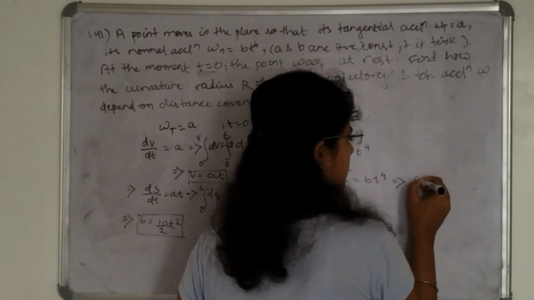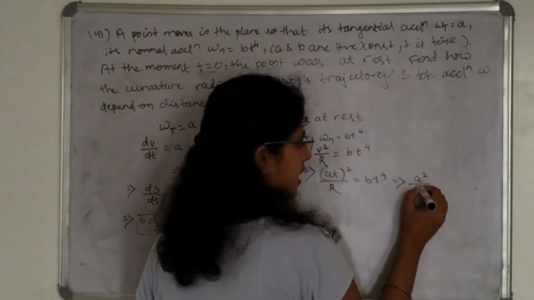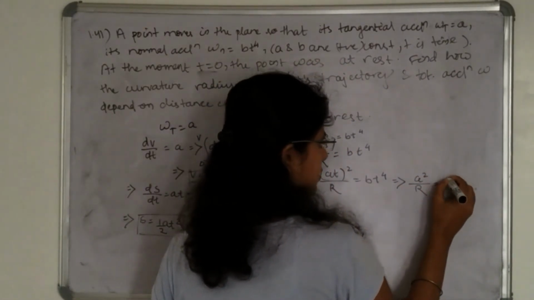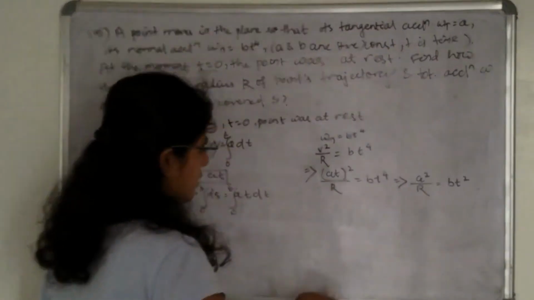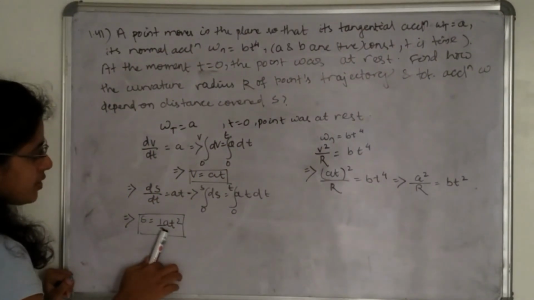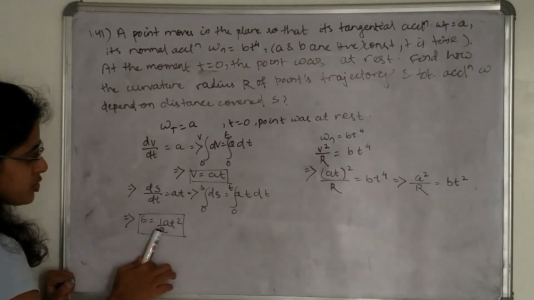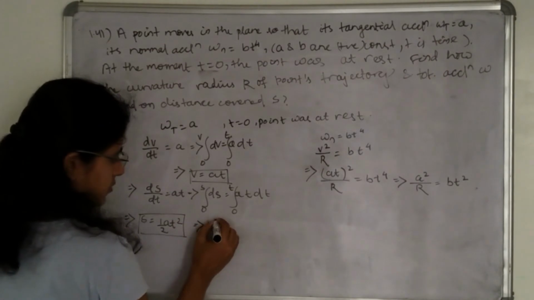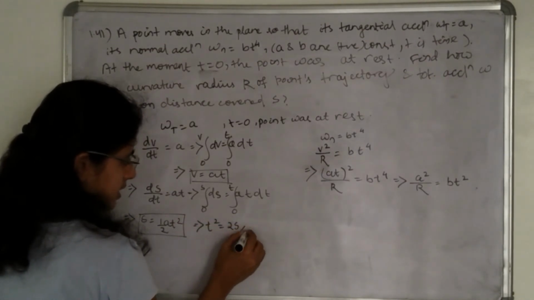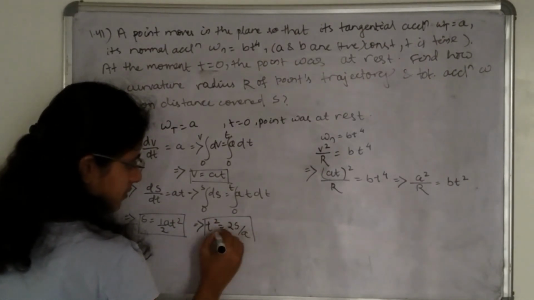That means this will be a square divided by r is equal to b t square. From this equation, we know that t square is equal to how much? 2s divided by a. t square will be 2s divided by a.